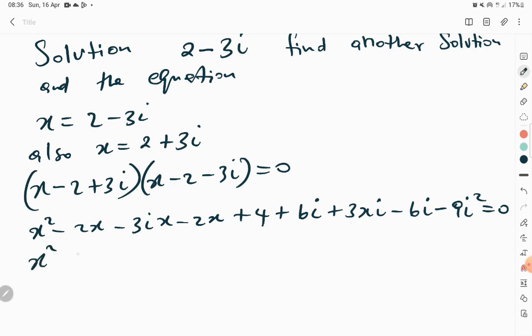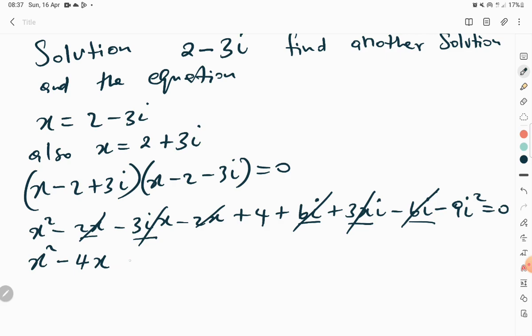Then we have x squared, this one and nothing else. They give you negative 4x. Then what about this one and that one? They are additive inverses. They are going to cancel each other. Then we have, these ones we have already used them. Then let's come to this one and this one. They are canceling each other because they are additive inverses.